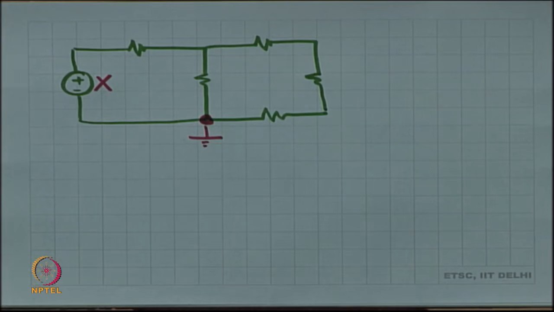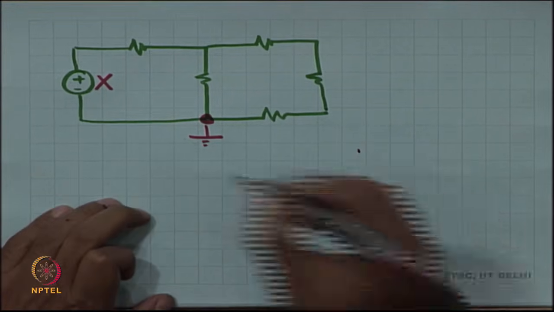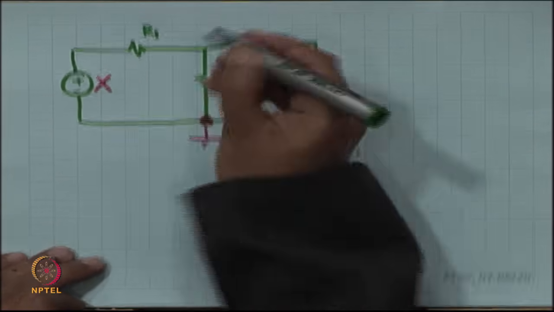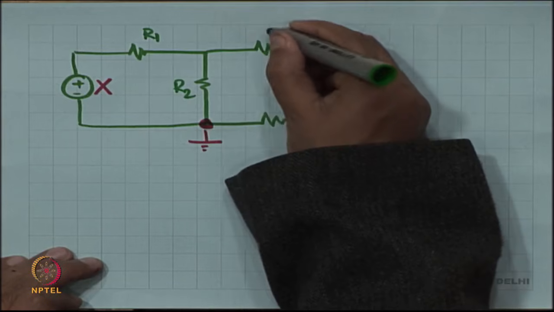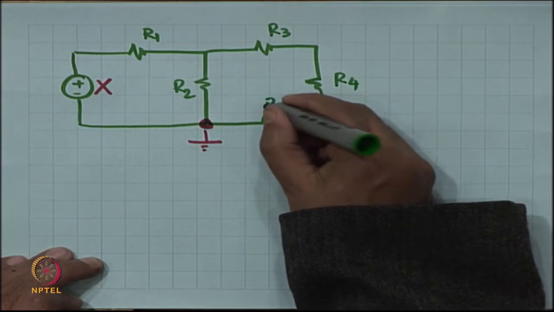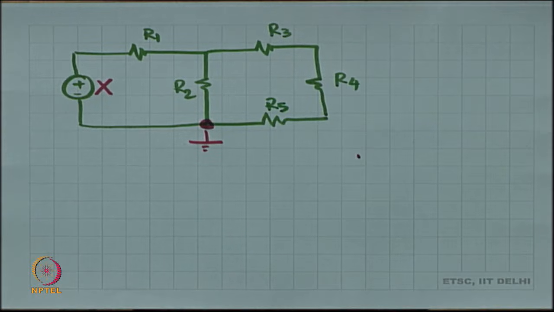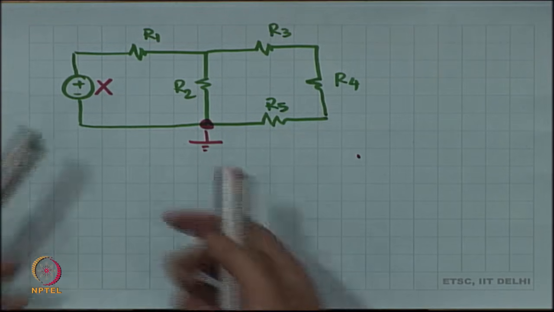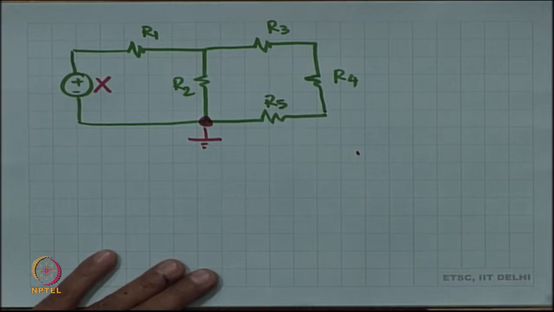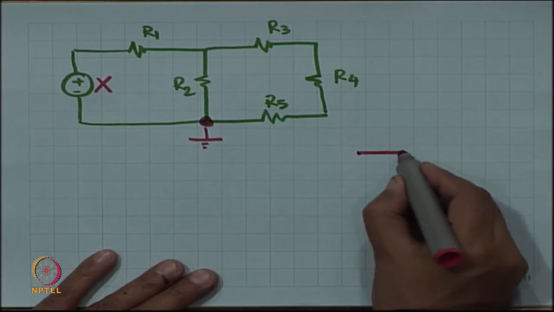So, this same circuit is going to be drawn now in electronics in this fashion. Suppose this is the circuit and suppose this is not a circuit theory class, this is an electronics class. We are no longer going to draw like this, we are going to draw it like this.